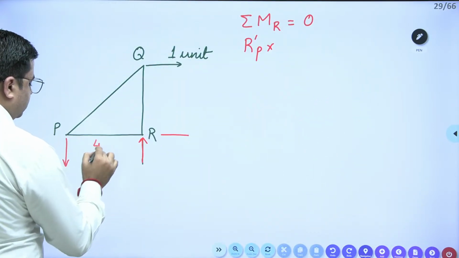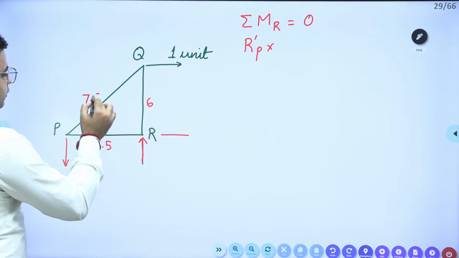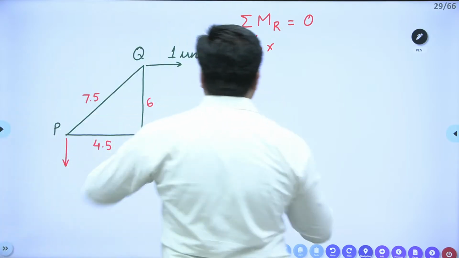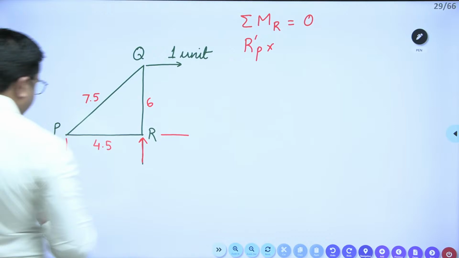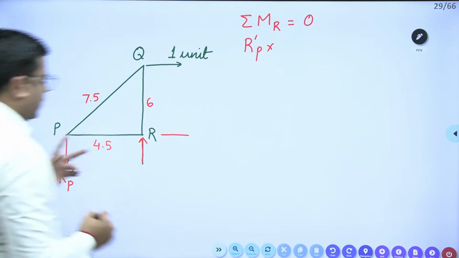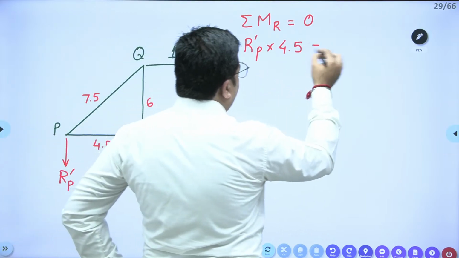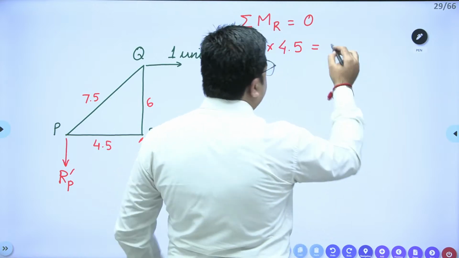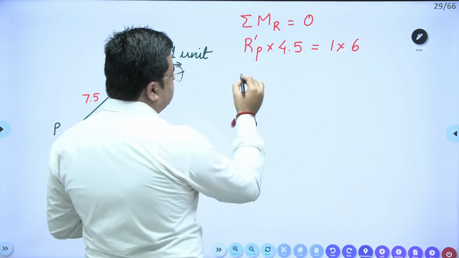I have assumed the direction in the downward direction for the reaction due to this unit load. So this Rp dash into 4.5 is equal to 1 into 6. So quickly get me the value of Rp dash.